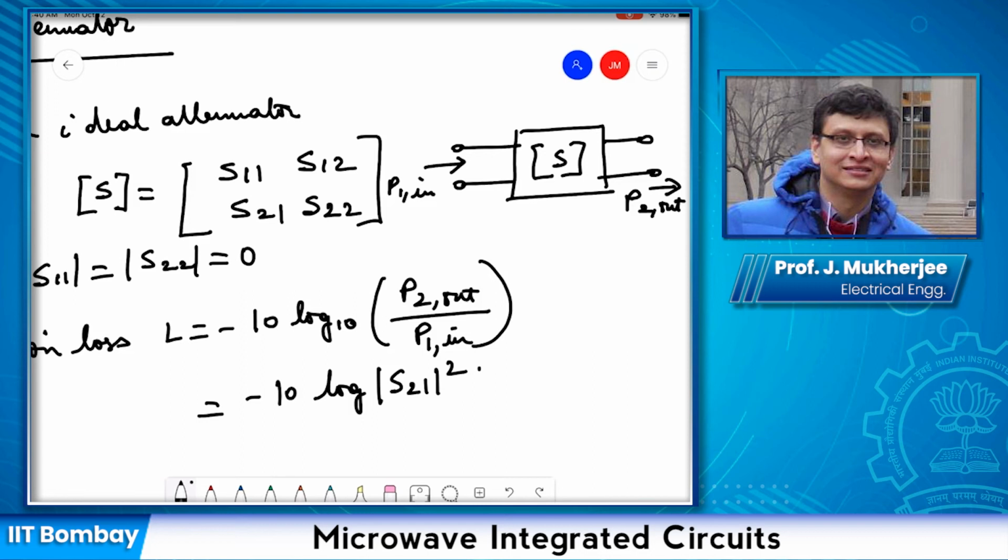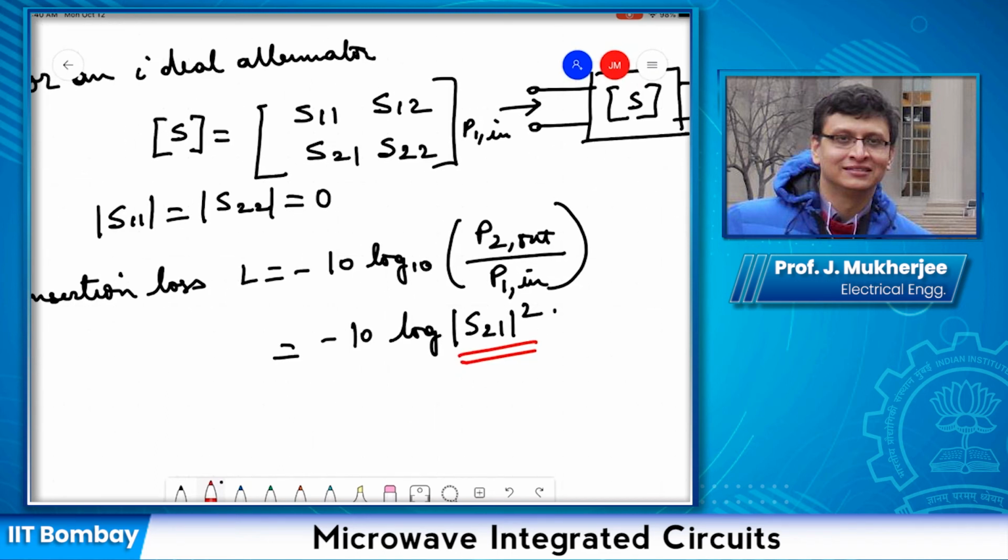Recall the transducer gain that we discussed, and recall I had mentioned that if the input and output terminals are well matched, then the gain is simply equal to this term, the S21 magnitude squared. So how to achieve that? Here, instead of a gain, there is no gain, there is a decrease in power.